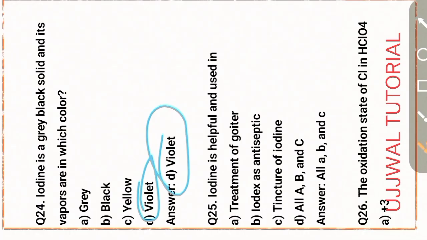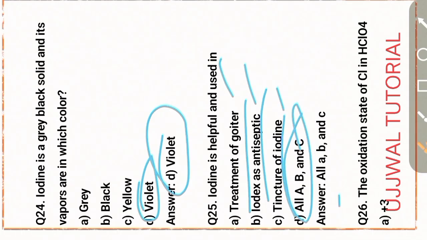Iodine is helpful and used in option A, treatment of goiter, that is one type of disease. Iodex as antiseptic. Option C, tincture of iodine. Option D is the right answer. Option A, B, C, all statements are right.